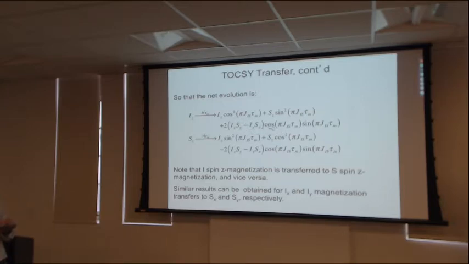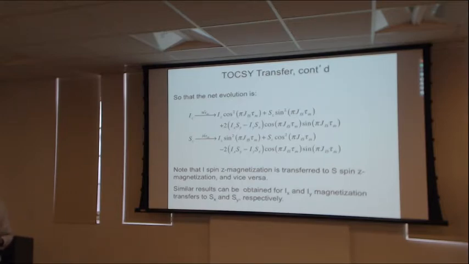All of these sinusoidal dependences, and I can do the same thing for Sz magnetization and get the symmetric result. So Iz magnetization gets transferred to Sz magnetization, Sz magnetization gets transferred to Iz, and there'll be flow back and forth between the two.